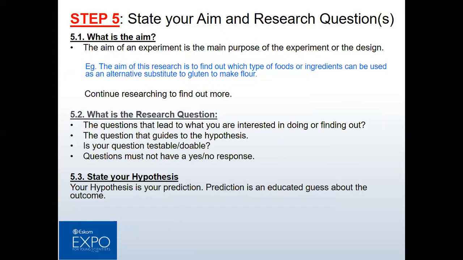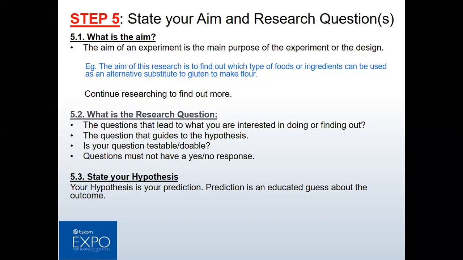So I've decided that my aim for this research is to find out which types of food or ingredients can be used as an alternative, right? As I mentioned already, I will be researching the grains, the other alternatives, the cereals, the vegetables that can be substituted. For example, potato, sweet potato.